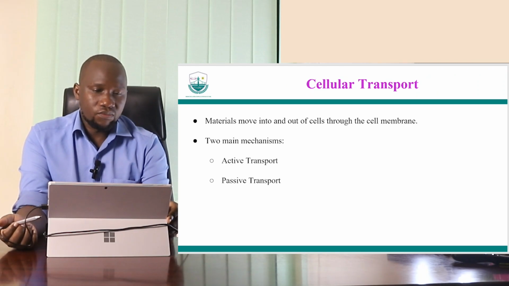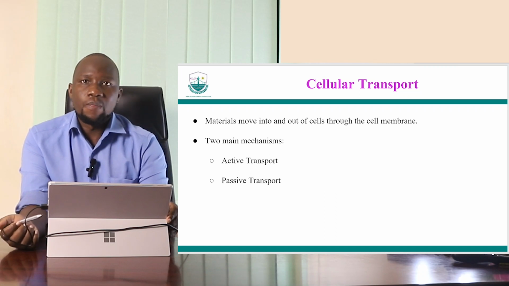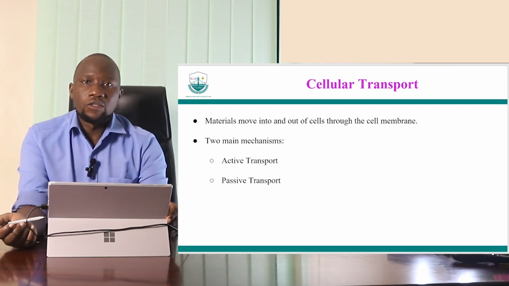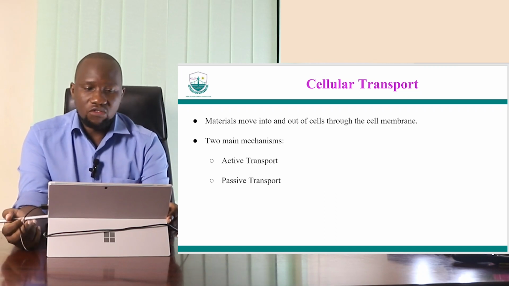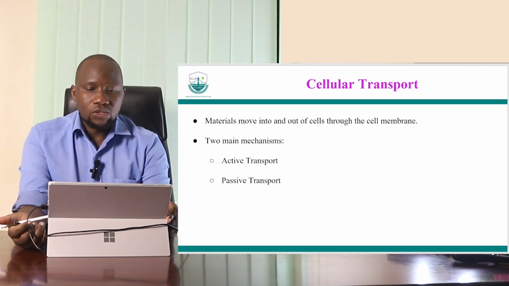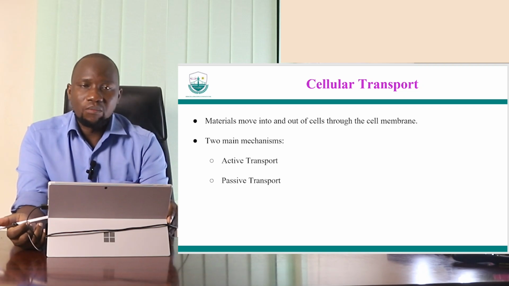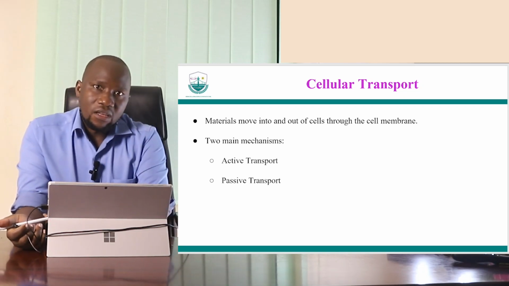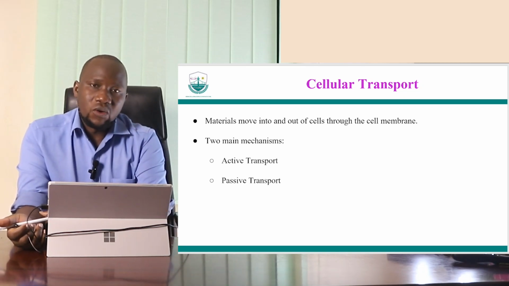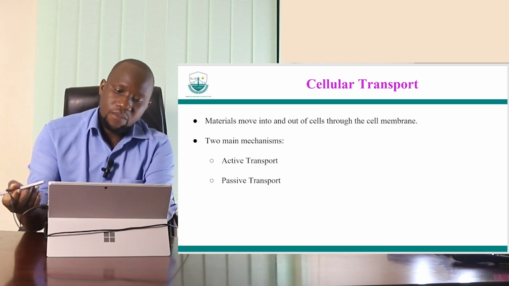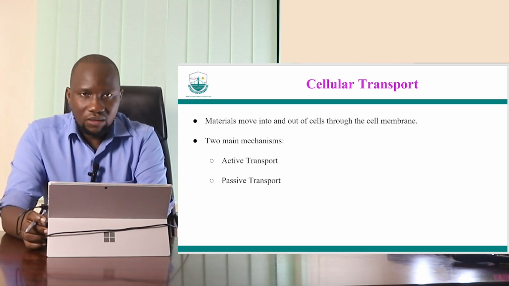So how do organisms transport the things that we have talked about? Usually we talk about cellular transport when we are talking about these mechanisms. Sometimes we can use the word or we can say movement in and out of cells.